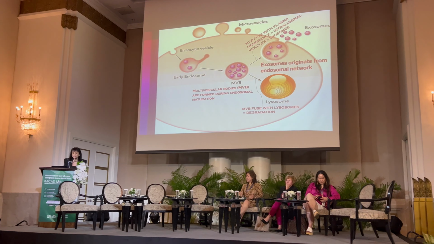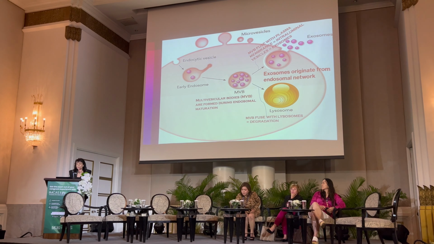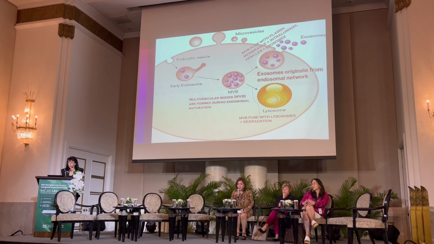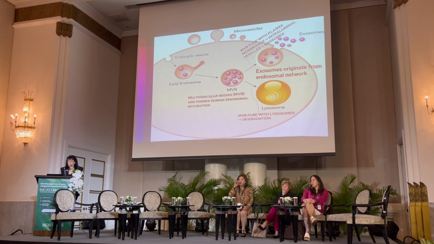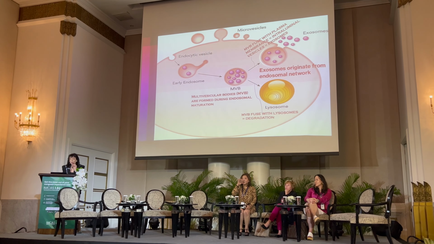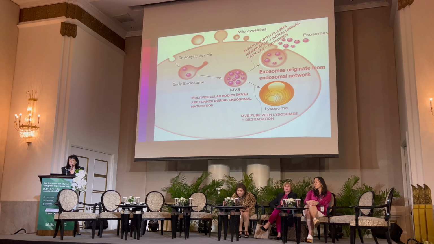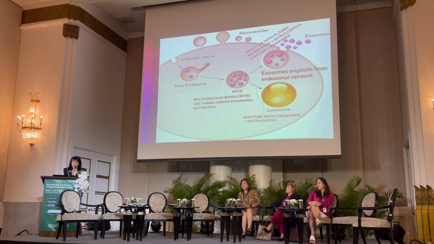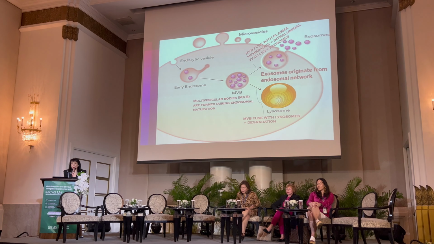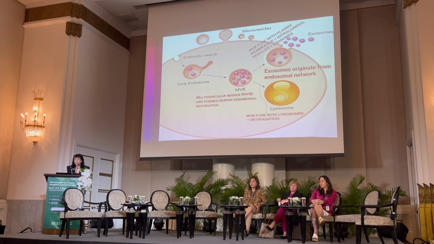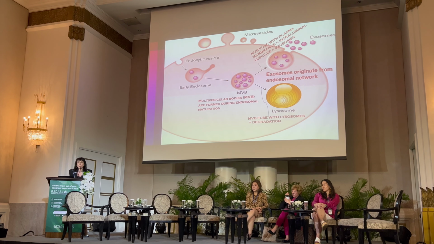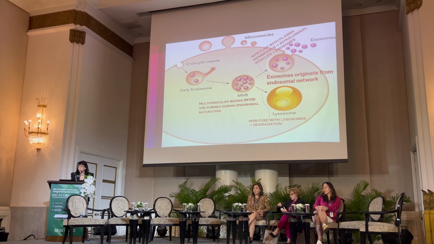Now, what are exosomes? They are part of the endosome system, and that's where they originate. The multivesicular bodies can form the exosomes, but they can also fuse with the lysosomes and basically degrade themselves.